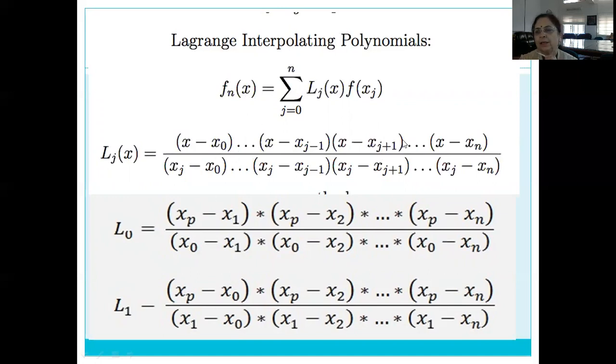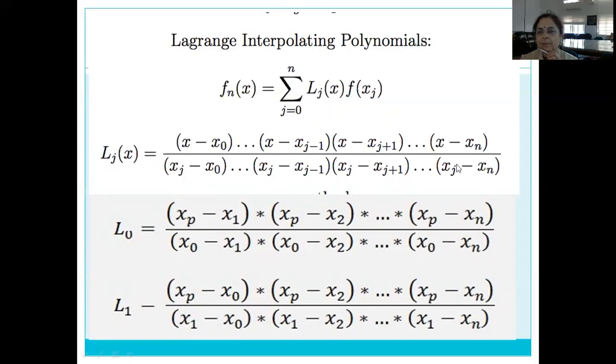Now let us understand how these factors are calculated. The weighing function is written with the unknown data point x minus the first data point x0, multiplied by x minus x1, multiplied by x minus x2, and so on. In the numerator, all these differences are calculated except for i equal to j.